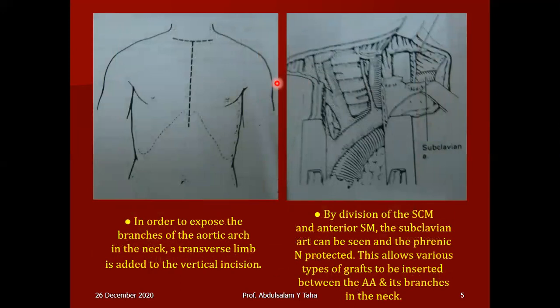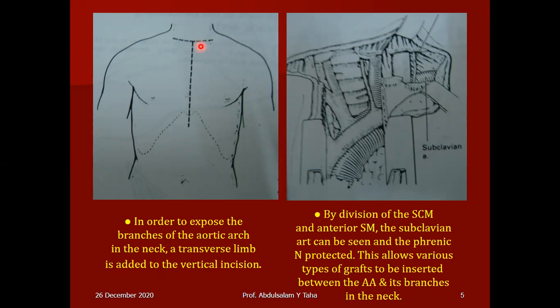Well, sometimes we need to have a better exposure of the vessels in the neck, the branches of the ascending aorta, and in that case we may add a transverse extension to the vertical incision.